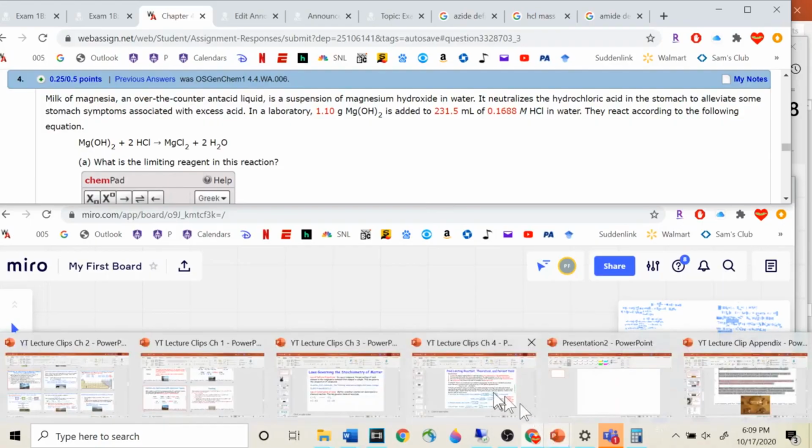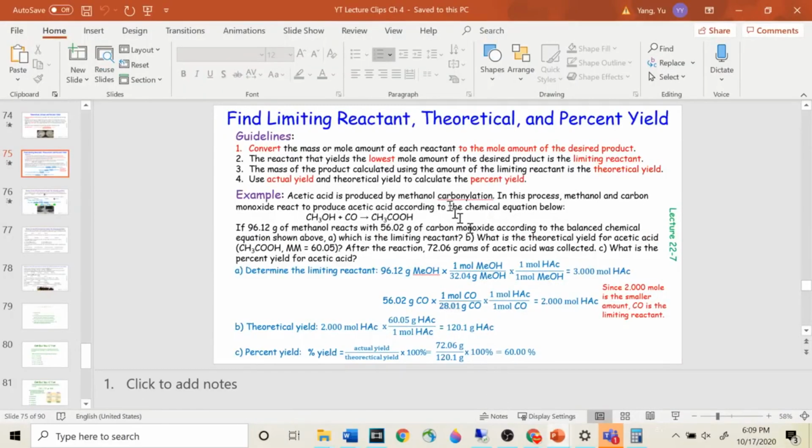In order to do so, we have to follow the guidelines you learned previously from lecture 22. This is slide number 7 in lecture 22. Guideline number 1: convert the mass or mole amount of each reactant to the mole amount of the desired product.